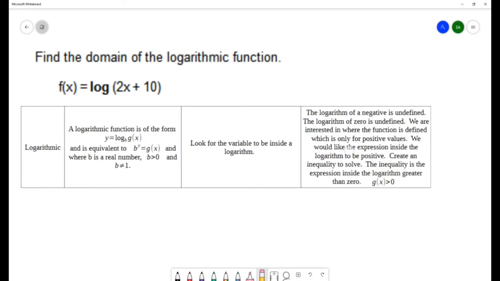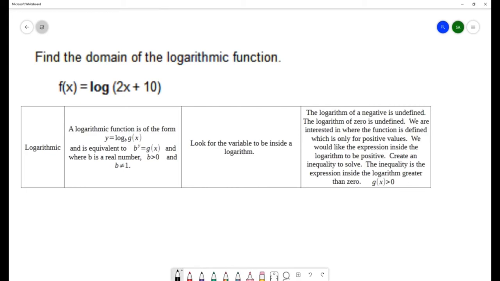We would like the expression inside the logarithm to be positive. So in order to find the domain, we would create an inequality to solve. And that inequality is the expression inside the logarithm greater than 0. So that's how we guarantee that the expression inside the logarithm is positive. If we're able to create this inequality and solve it, that will give us the domain.